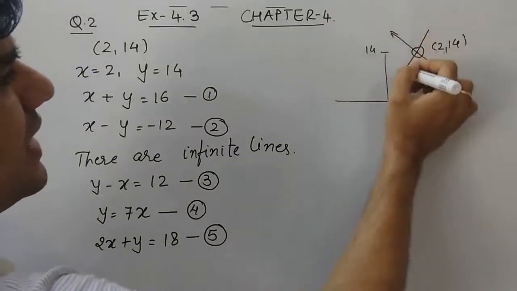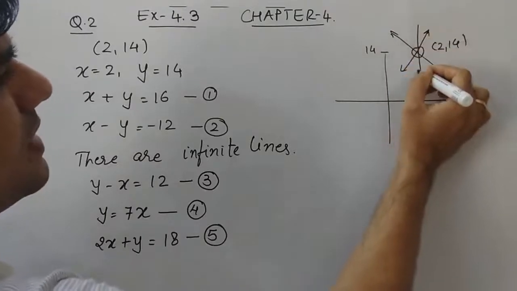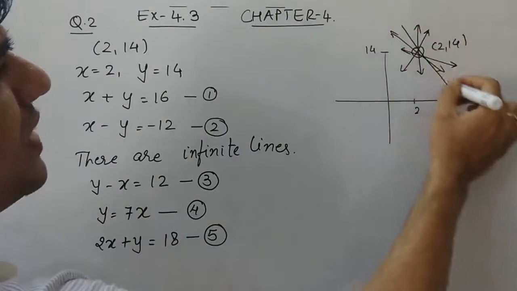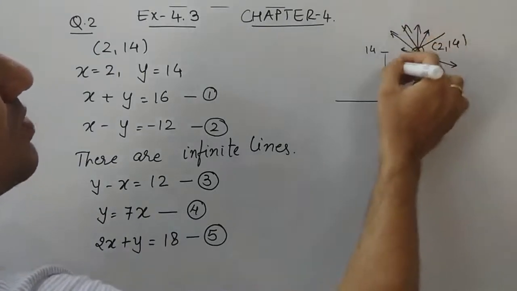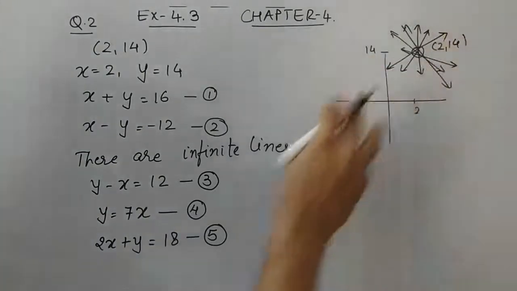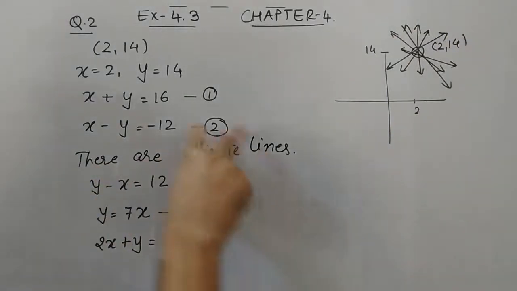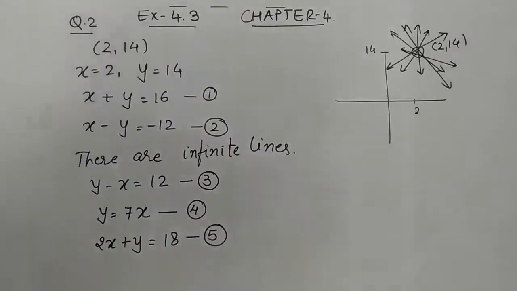There are infinitely many lines that can pass through one point. So this concept tells us that there are infinitely many lines which have the same solution, that is 2 and 14.